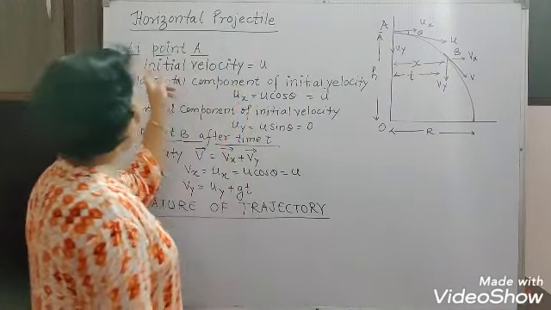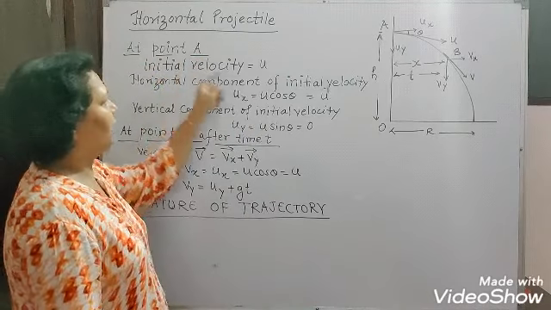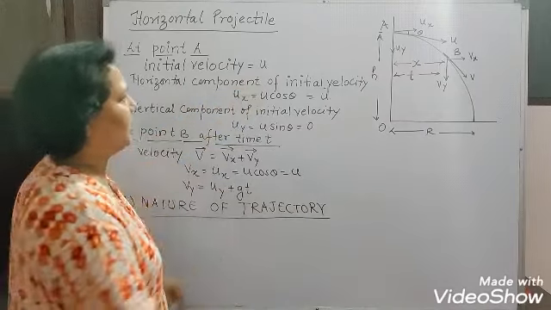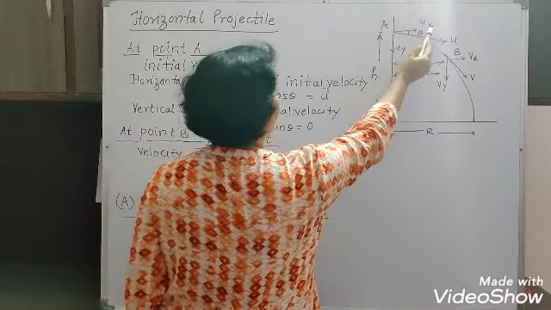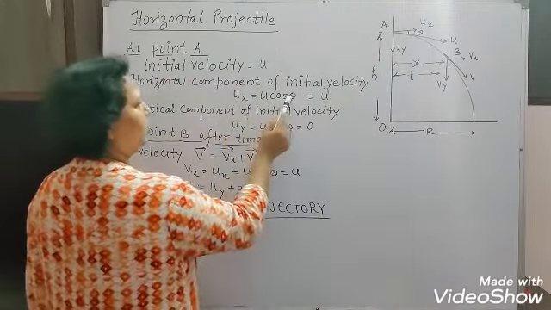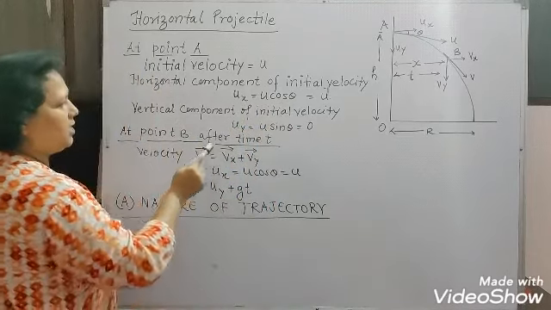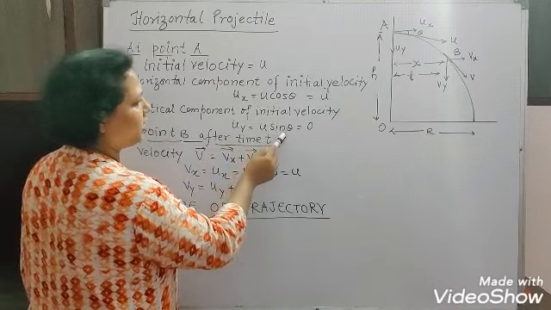So at the point A, the initial velocity is u, the horizontal component of initial velocity is ux, which is equal to u cos theta, and the vertical component of initial velocity is uy, which is equal to u sin theta.